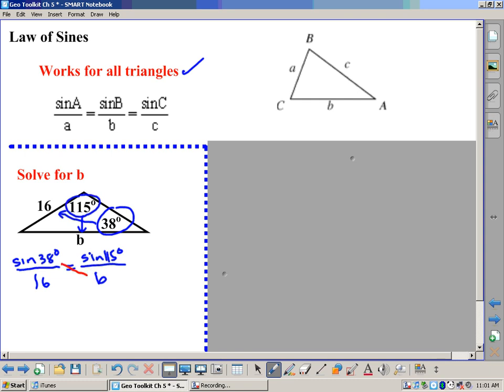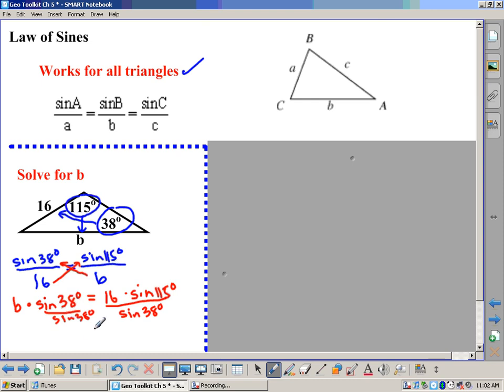So if we cross multiply this direction here, we have B times sine of 38 degrees would equal 16 times sine of 115 degrees. And if we want to solve for B, all we need to do then is divide by sine 38 degrees on both sides.